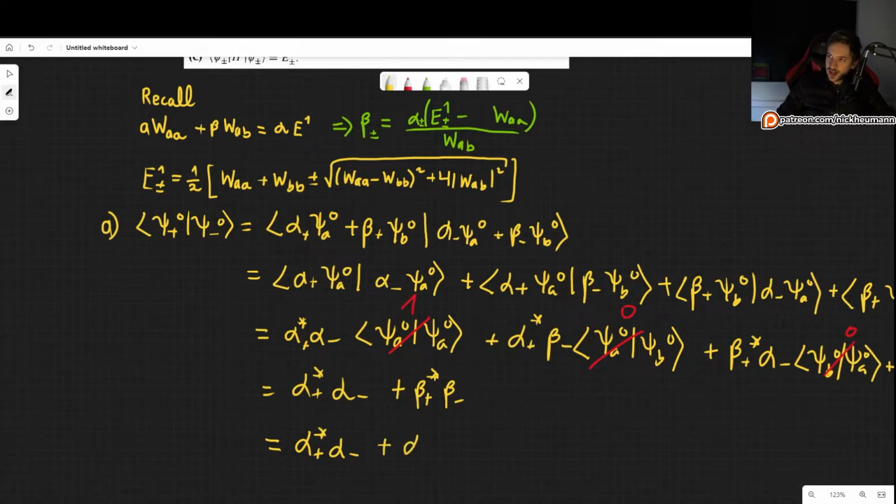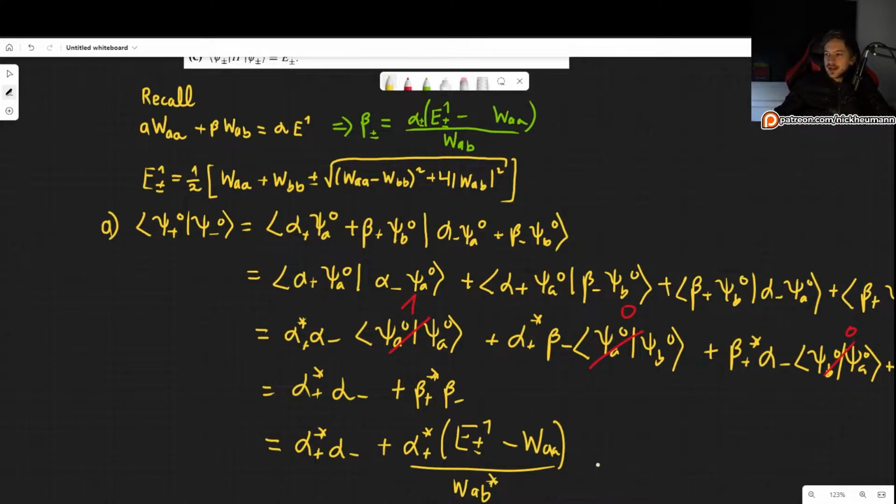So here we get alpha, so beginning with the beta plus conjugate. So if we take the conjugate of this, we get alpha plus conjugate. The energy is real, so nothing changes. WAA is also real. However, WAB, this could be conjugate, so we have to take the conjugate here.